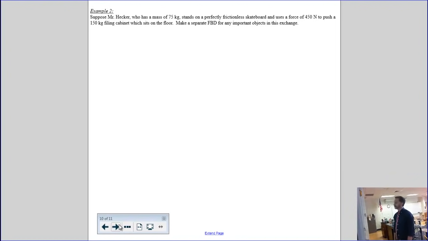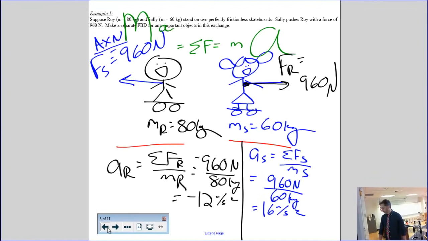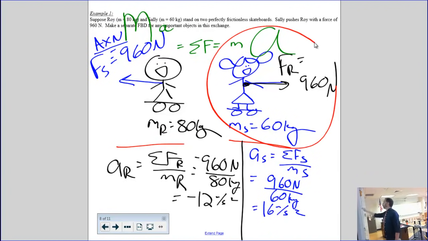I don't know that I need to do this example. I'm going to hold off on it; I don't think it's that important right now. But the one thing I want to stress is this: a lot of times students look at this and go, oh, Sally's going to move more, so she has more force on her. That's not right. Newton's third law tells us that the action force and the reaction force are equal and opposite.